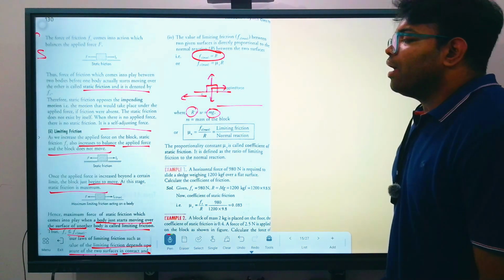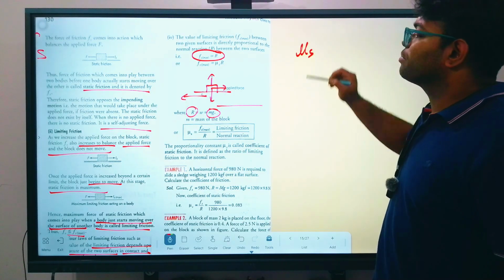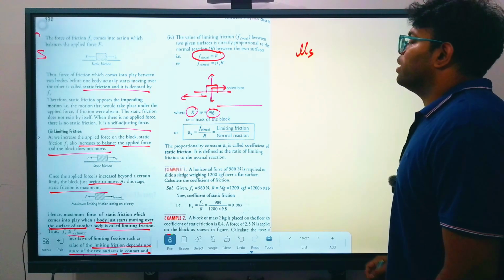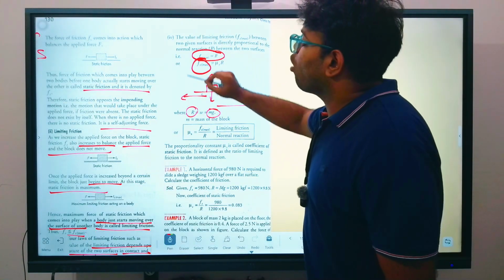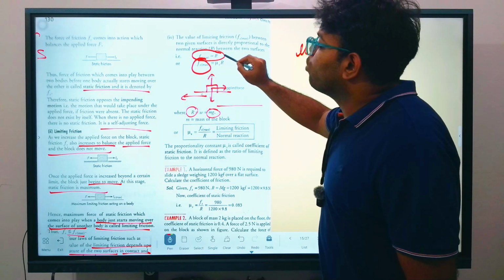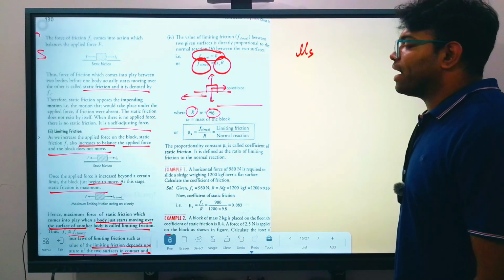Now, mu s will be equal to what? We know that Fs max, the limiting friction, should always be equal to the coefficient of static friction times the normal reaction.